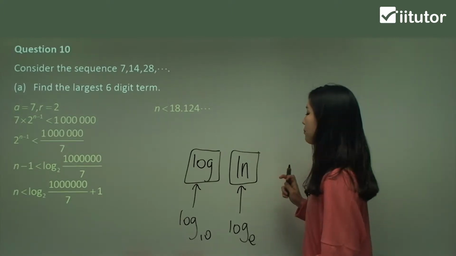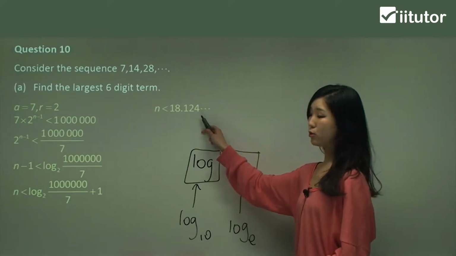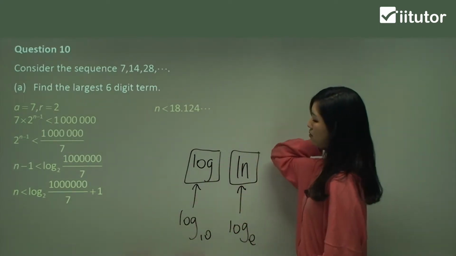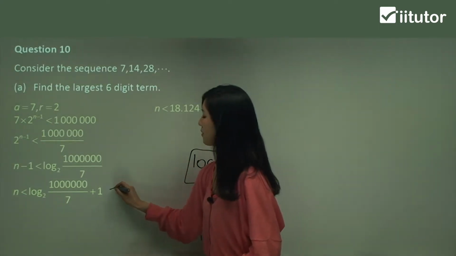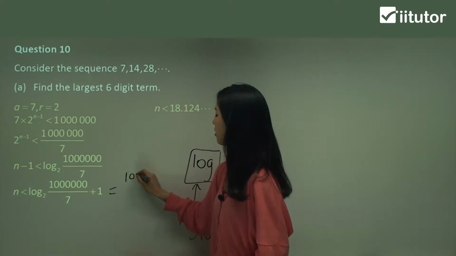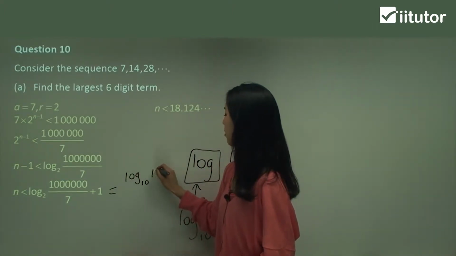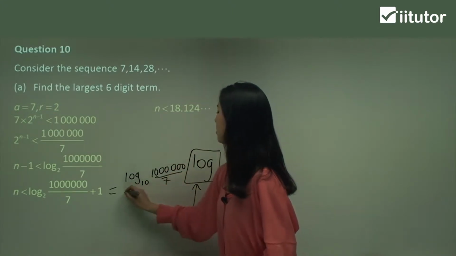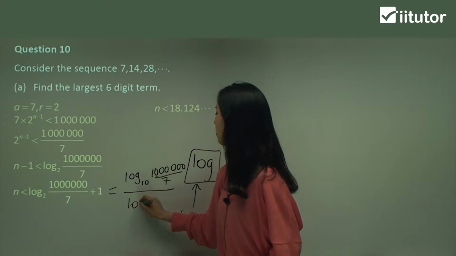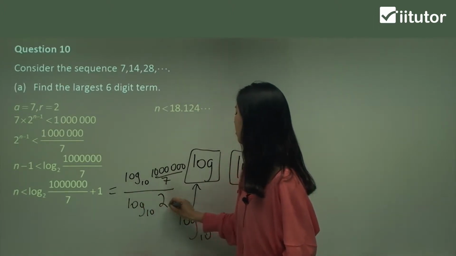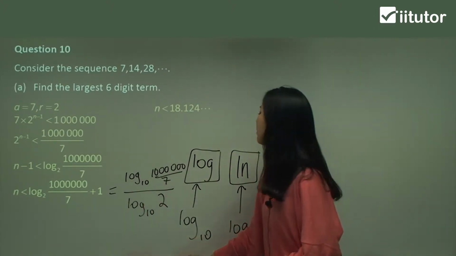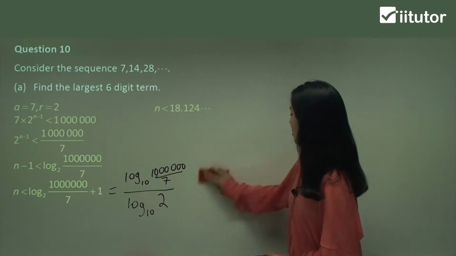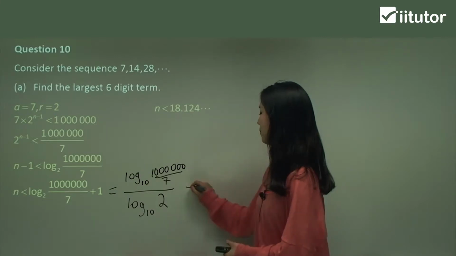To get to this number here, or to simplify what that is, I'm probably going to go like this. Remember the rule, this part is going to be log 10 of 1 million over 7 divided by log 10 of 2, plus 1.